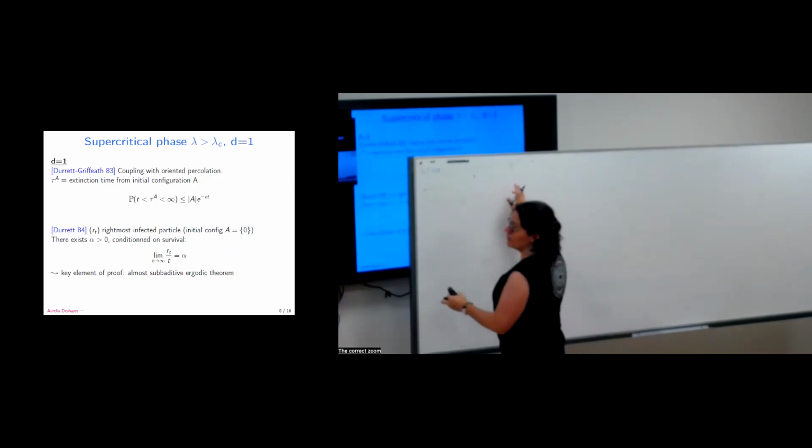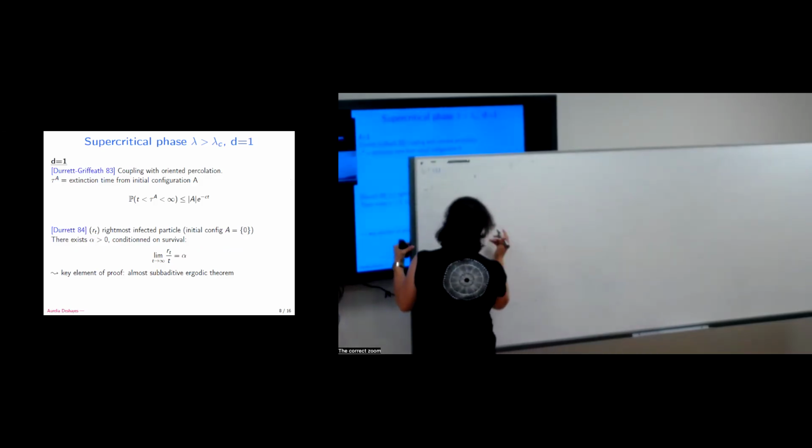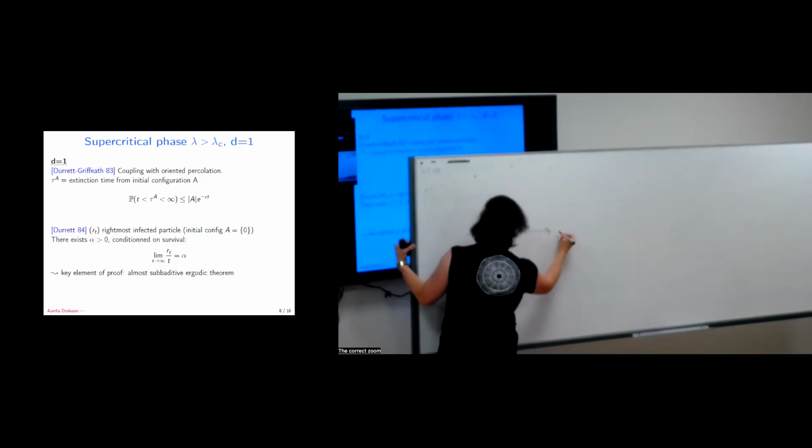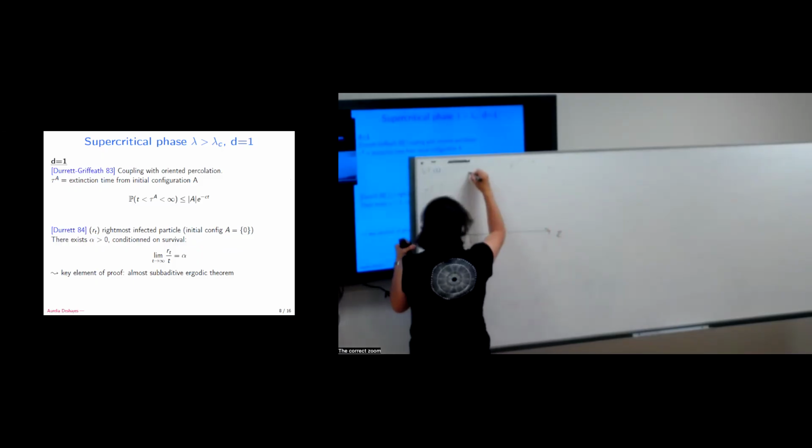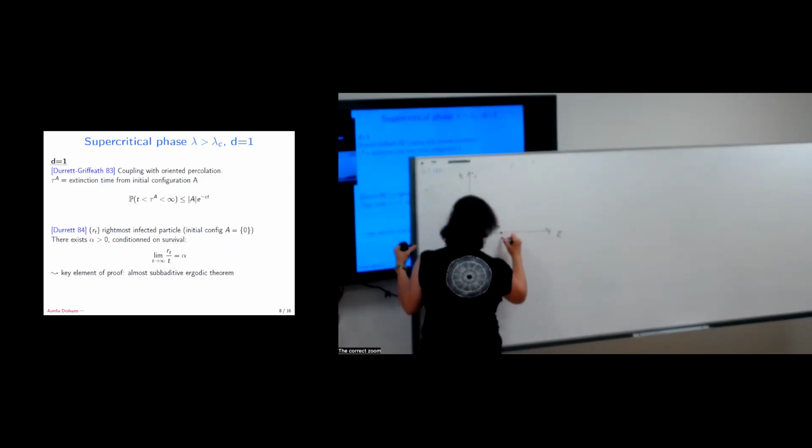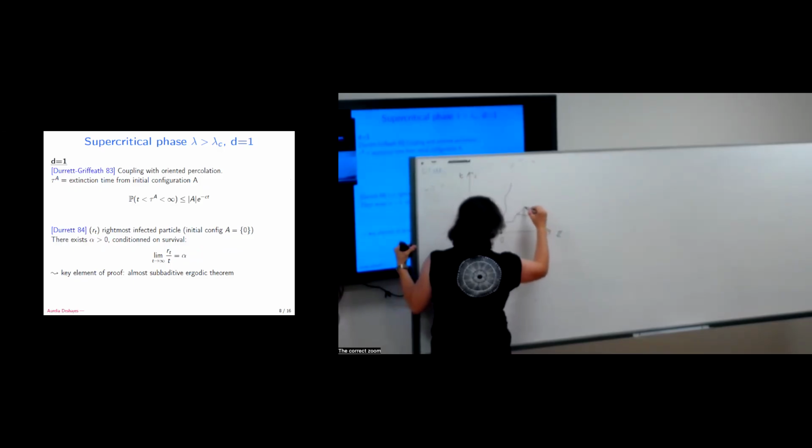So here's the contact process, for example, space and time, and we start with only one particle, and you have this infection path.